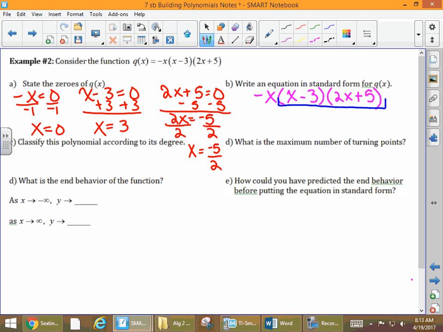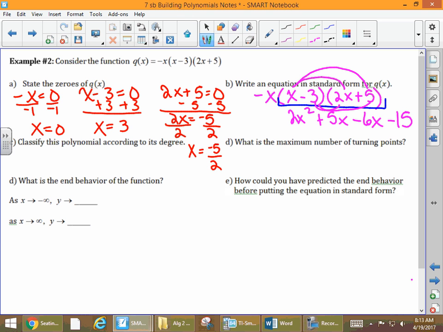I am going to have to infringe on question D in terms of space. But when we FOIL here, we're going to get 2x squared plus 5x. Negative 3 times 2x is minus 6x. And negative 3 times positive 5 is negative 15. First, outer, inner, last. We distributed the x and then we distributed the negative 3.